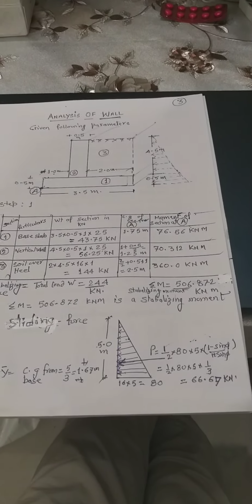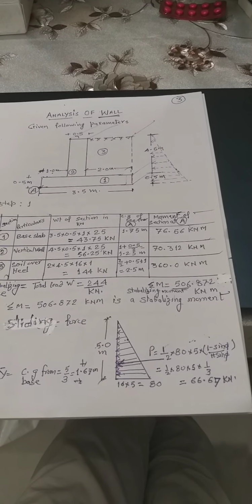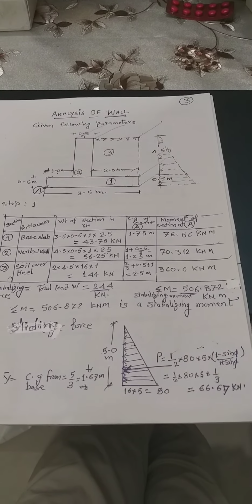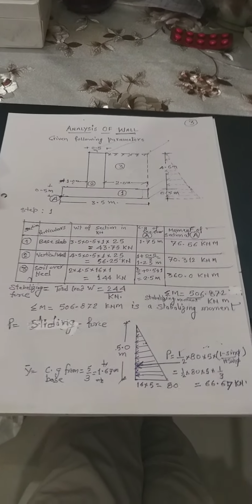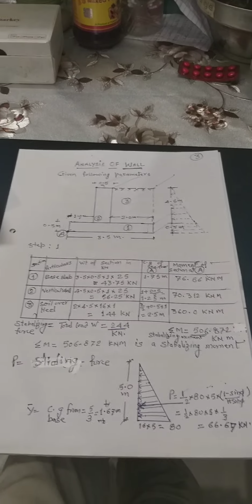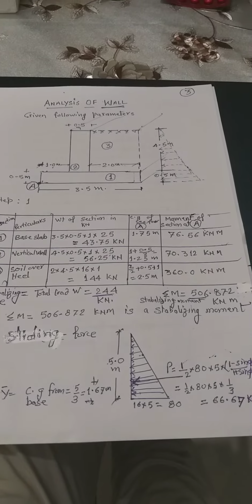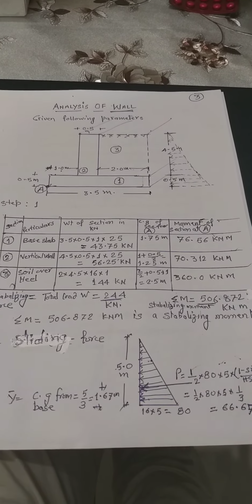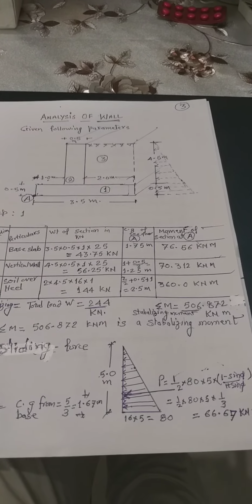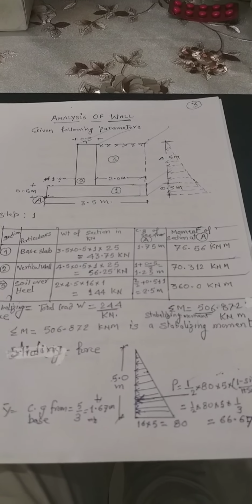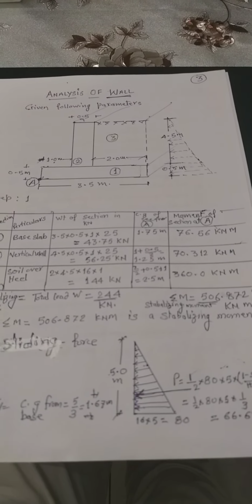So half into 80 into 5 comes out to be 26.67 kilonewton, which is acting at the center of gravity, that is y bar, from the base of this triangle, and which is nothing but 1/3 of 5, and that comes out to be 1.67 meter.